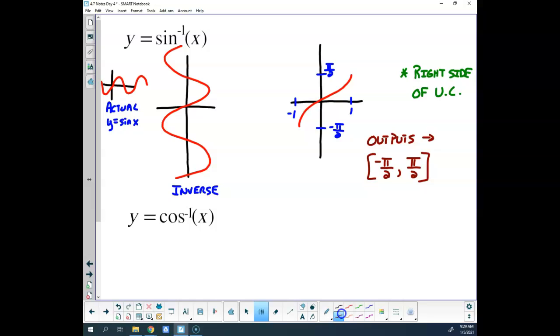So for instance, 11 pi over 6 is on the right half of the unit circle, but 11 pi over 6 is not in this value range. Instead of saying 11 pi over 6, you would say negative pi over 6, because negative pi over 6 is down in green and is the same as 11 pi over 6. Saying the same thing, but making it easy. Okay?